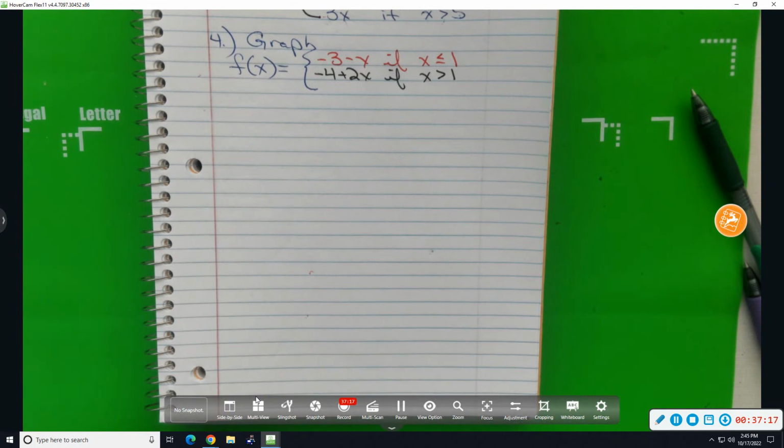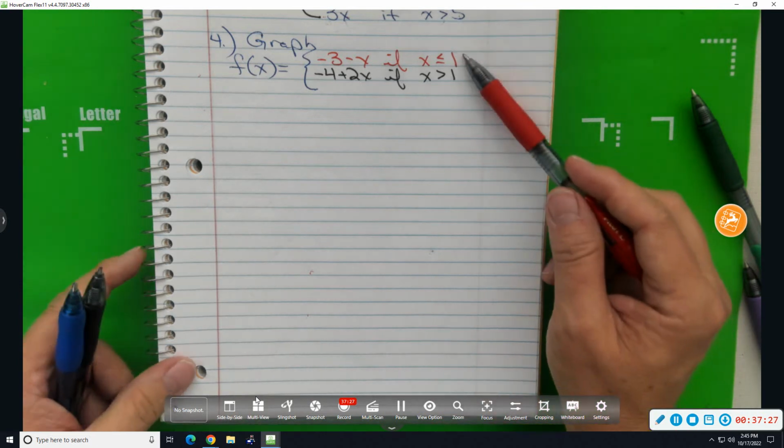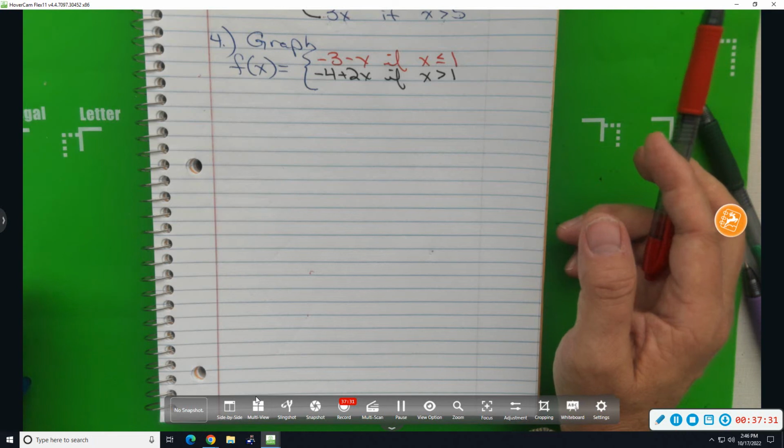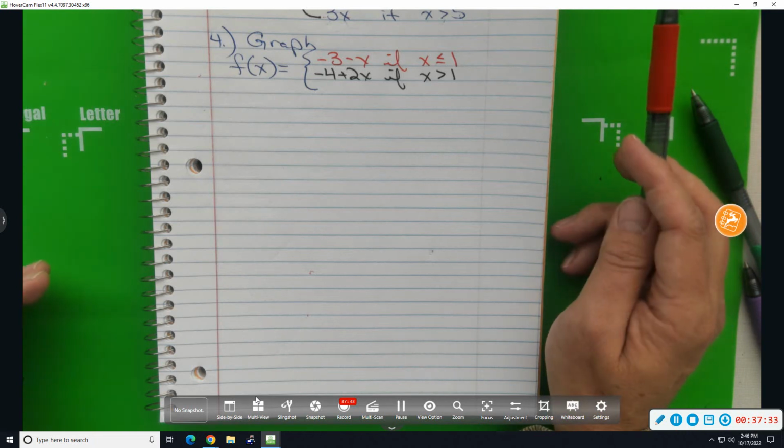Okay, what's my cut point? Where is the red piece going to change to the black piece on the graph? At 1, I agree. The cut point's going to be at 1, so you got to make sure you clearly label 1 on the x-axis.